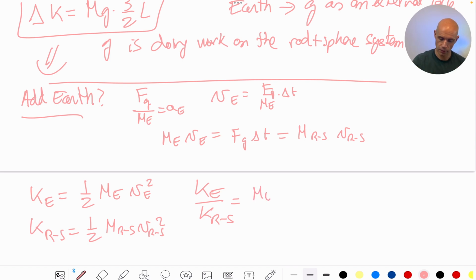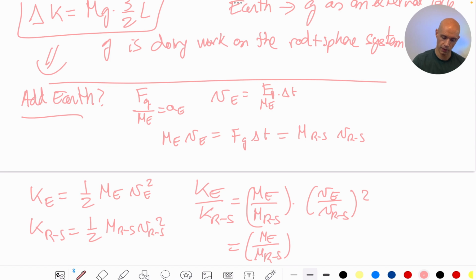It's going to be the mass of the Earth divided by the mass of the rod sphere system, and this quotient of speeds, squared.